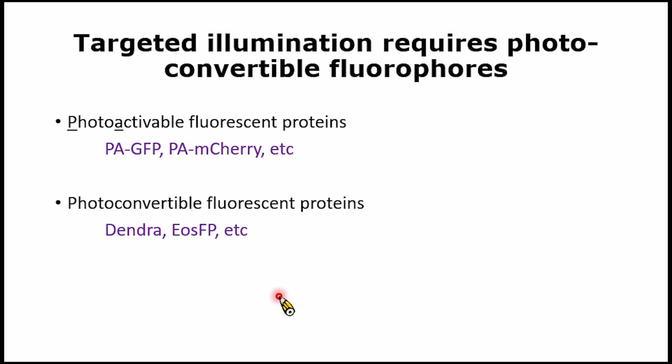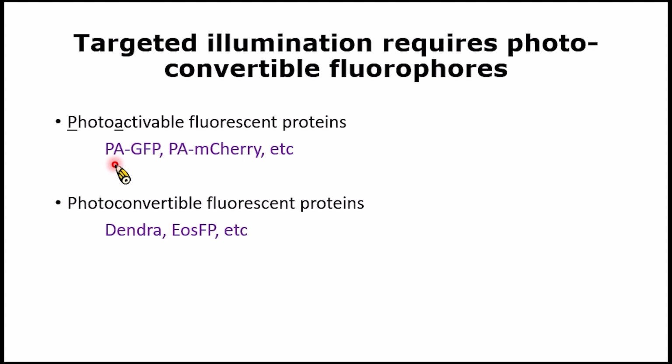Right? So this can be done by either a photoactivable fluorescent protein, which means that they are not fluorescent in the beginning, but once you shine a specific wavelength of light on those fluorophores, usually UV or blue light, they will start to emit fluorescent signal.